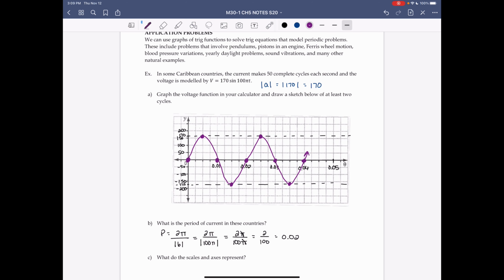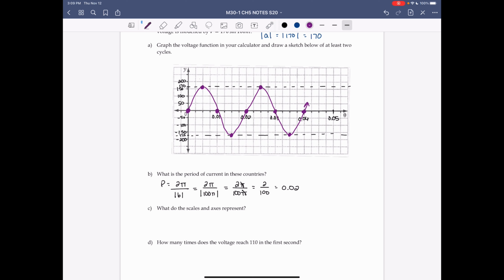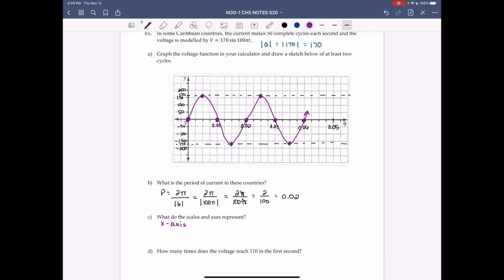Part C. What do the scales and axes represent? The x-axis, our equation is v equals 170 sine 100 pi t. So the x-axis, or in this case it's shown as the theta axis, represents the t variable, so the time.